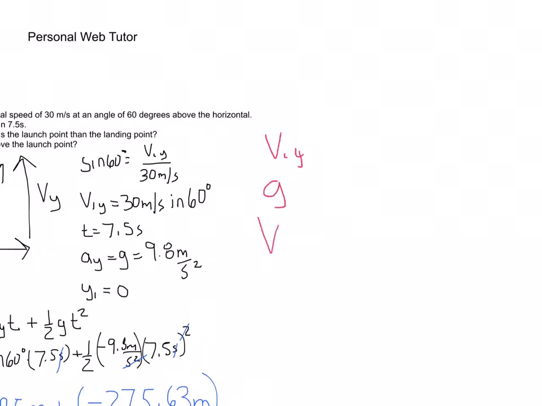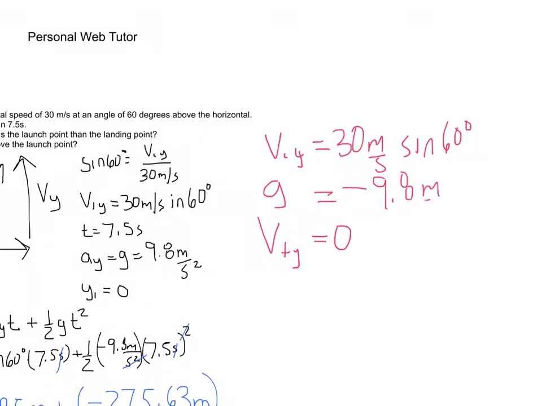So we also know that the final velocity in the y direction is going to be equal to 0. This is equal to 30 meters per second sine of 60 degrees, and this is going to be minus 9.8 meters per second squared.